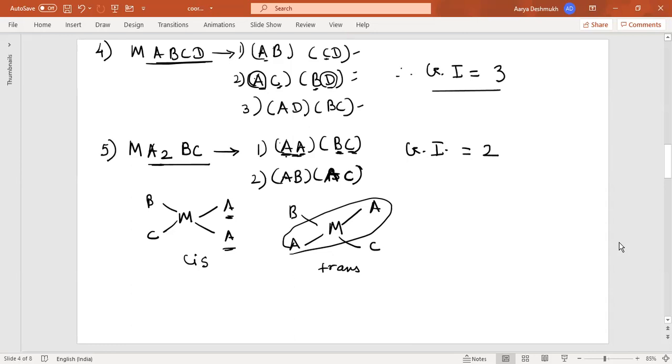Now remember here, as I told, no geometric isomers are possible in tetrahedral complexes. We'll be discussing optical isomerism later on. No optical isomers in square planar complexes, which is very important here for you.